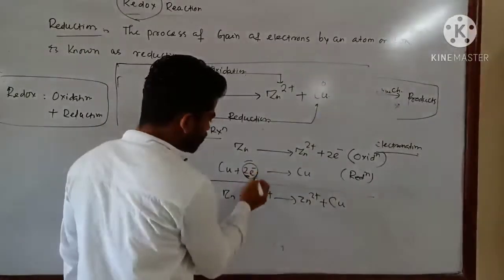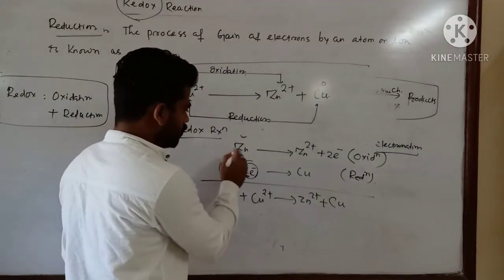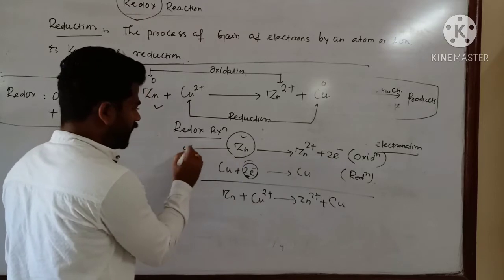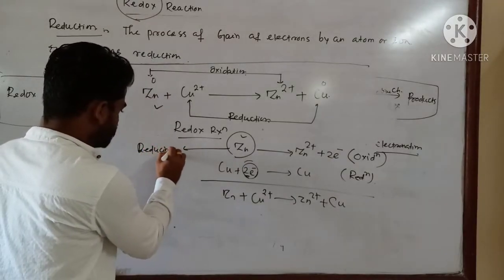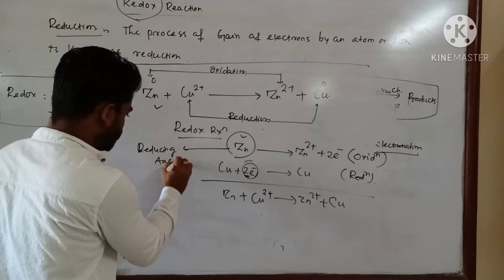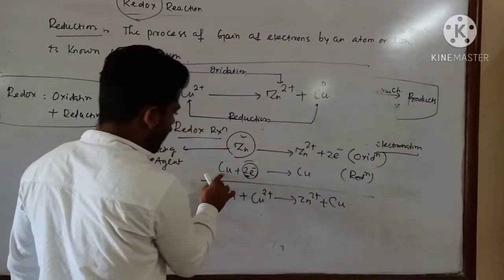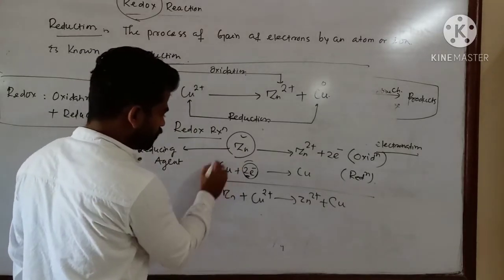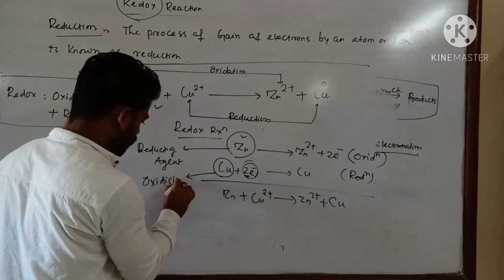Clear? So here you see copper gains 2 electrons. These 2 electrons are supplied by zinc. That means zinc helps copper to reduce. So zinc Zn acts as a reducing agent. And copper gains that 2 electron. That means it helps to oxidize zinc. So this one is your oxidizing agent or oxidant also.